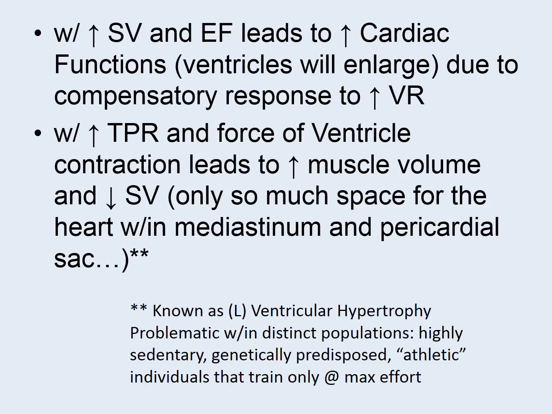This increase of muscle mass is the ventricular hypertrophication. This ventricular hypertrophication becomes problematic within distinct populations, particularly the highly sedentary, the geriatric, the genetically predisposed, and what are usually referred to as athletic individuals that only train at max effort.